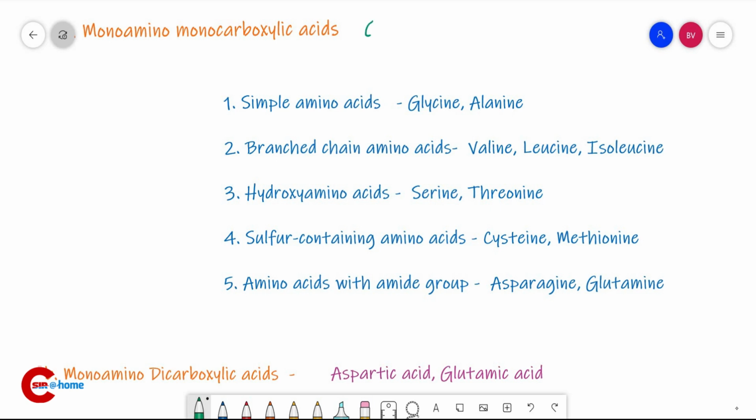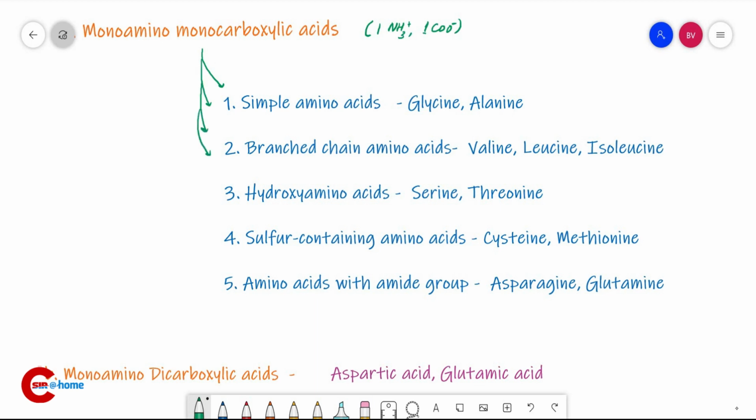monoamino monocarboxylic acid, that means 1 amino group and 1 carboxylic acid group.